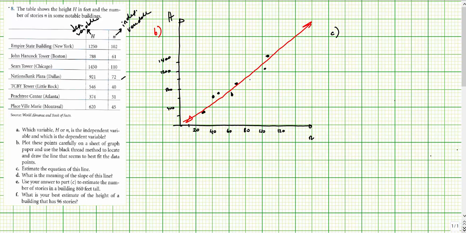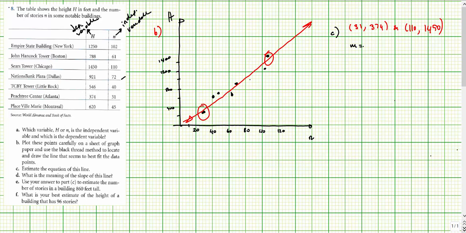Probably this one, and this one. I'm going to use the first and the last, obviously. So I'm going to use the points 31, 374, and then the last one, 110, 1450.